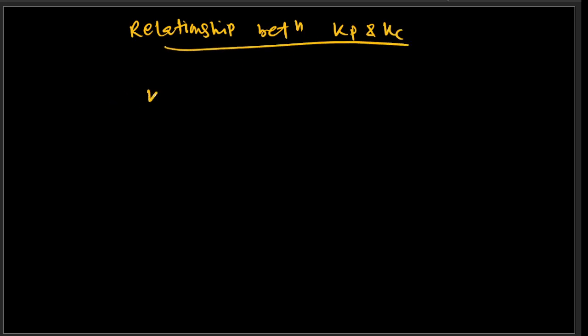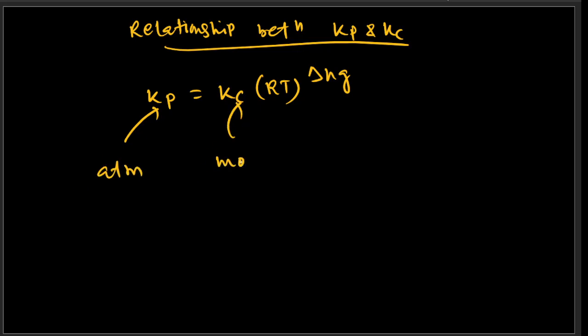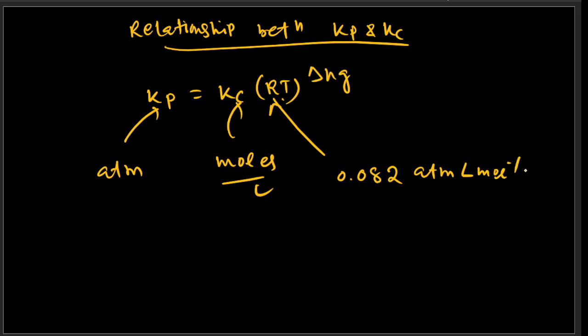That is Kp equals Kc (RT) to the power delta n g, where Kp is in atm and Kc is generally represented in moles per liter, and R is the gas constant, 0.082, in atm liter mole inverse Kelvin inverse, and T is obviously in Kelvin.